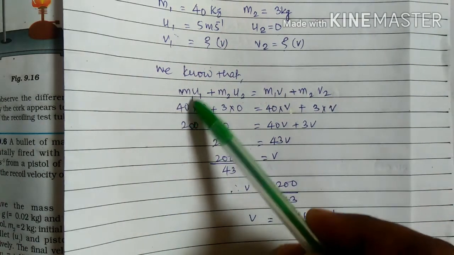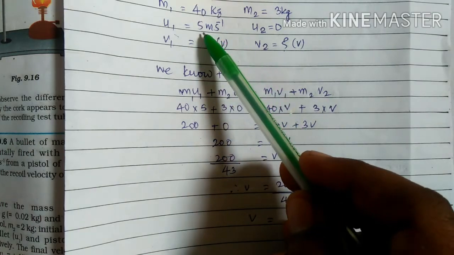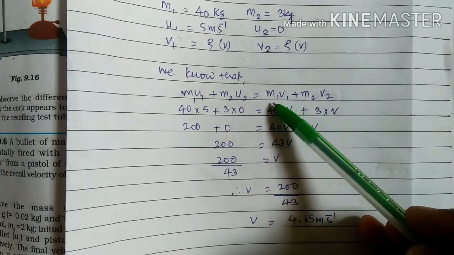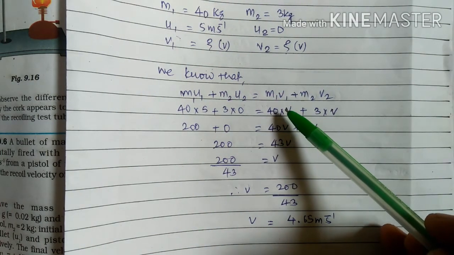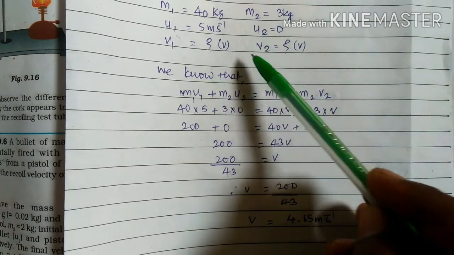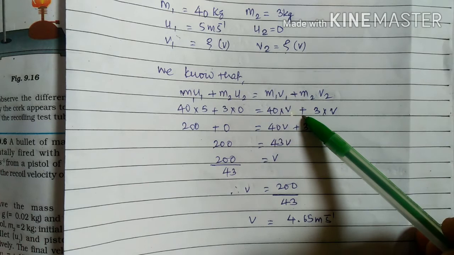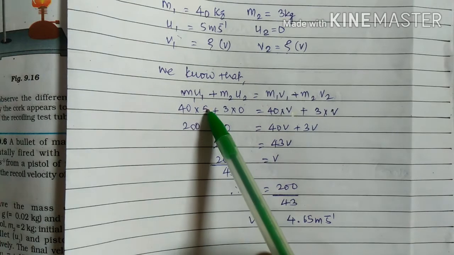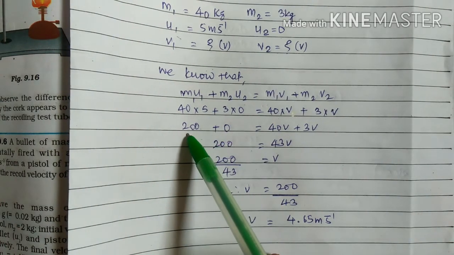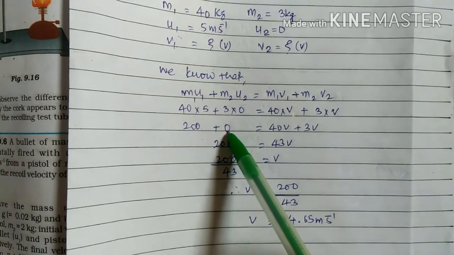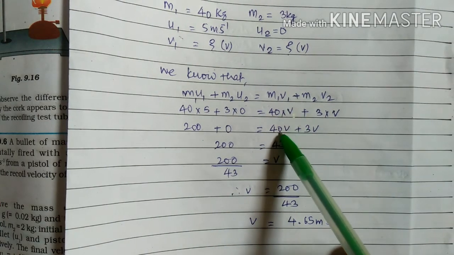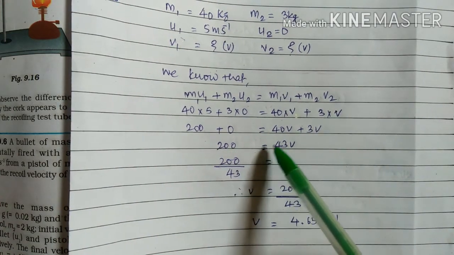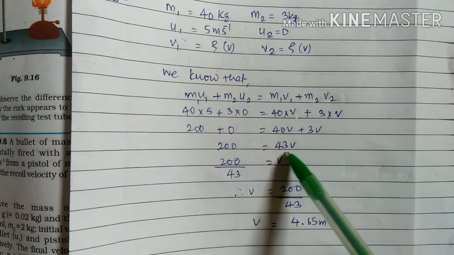Put these values, that is M1 40 into U1 5 plus M2 3 U2 0 is equal to M1 40 into V, we have considered only velocity V, plus M2 3 into V. Here 4 5s are 20, put 0 means 200, plus 3 0 0, then 40 into V is 40V plus 3 into V is 3V. 200 plus 0, 200 is equal to 40V plus 3V, it becomes 43V.